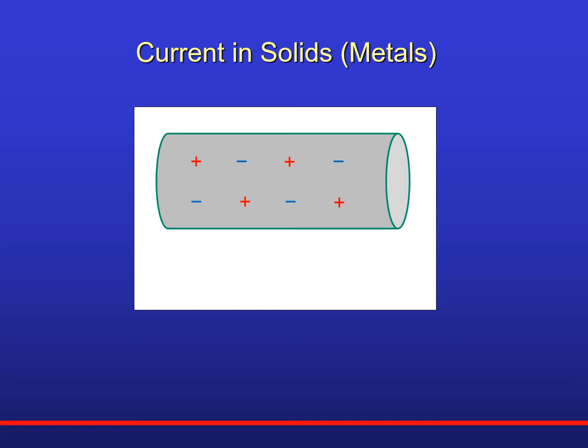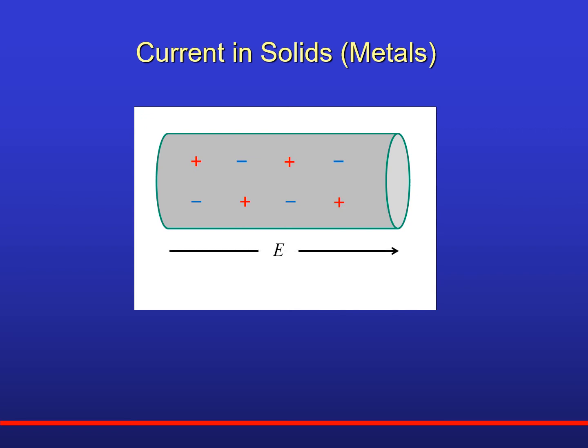For an insulator, the electrons would move locally, but not from end to end. In a metal, electrons can move from one end to the other. So let's imagine what will happen if we put an electric field on a conductor.